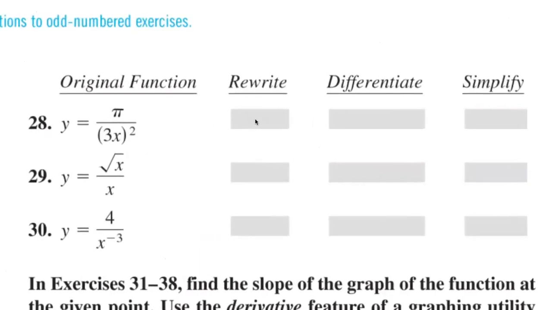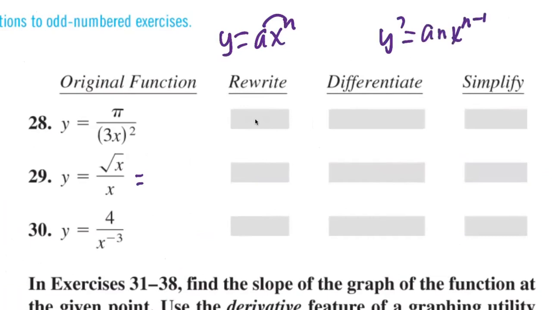Okay, you've got to write it as just one expression before you can do this. You have to have that form, just a single power, to bring it down in front and subtract 1 using the power rule. So I've got to rewrite this. So this is x to the 1/2 over x to the first.